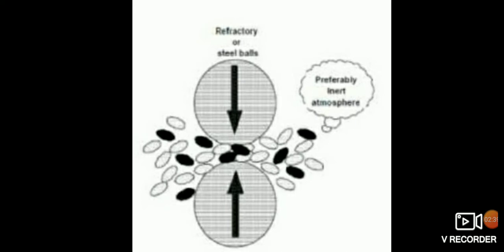The energy transferred to the powder from refractory or steel balls depends on the rotational speed, size, and number of balls, the ratio of the balls to powder mass, the time for milling, and the milling atmosphere. So, the nanoparticles are produced by the shear action during the grinding. Milling in cryogenic liquids can greatly increase the brittleness of powders, influencing the fracture process.